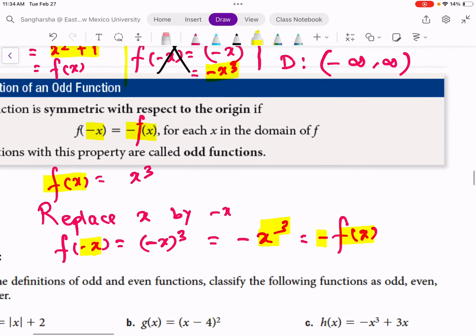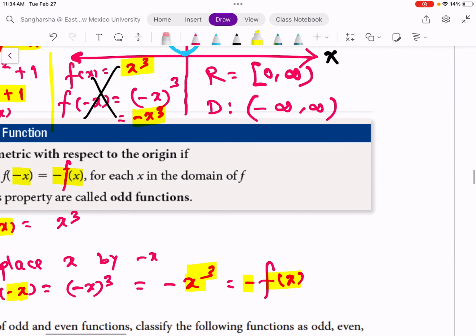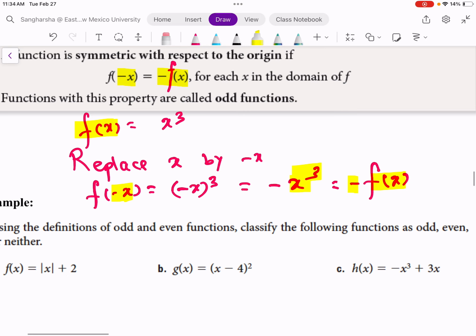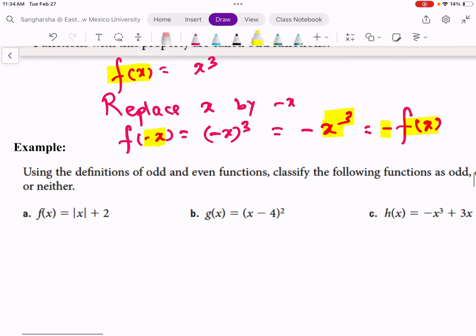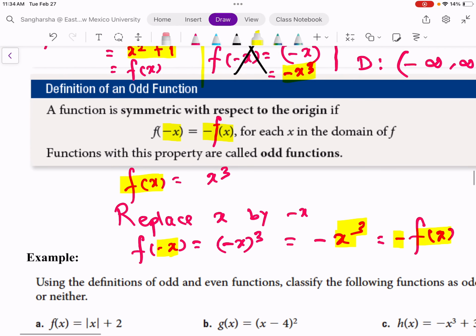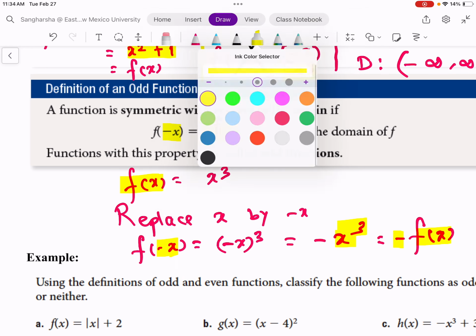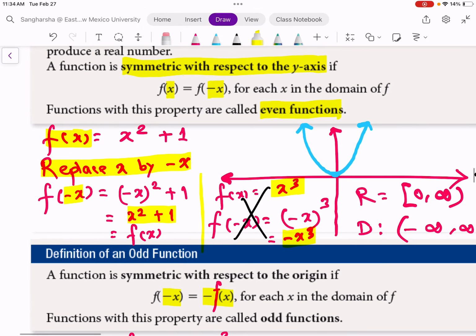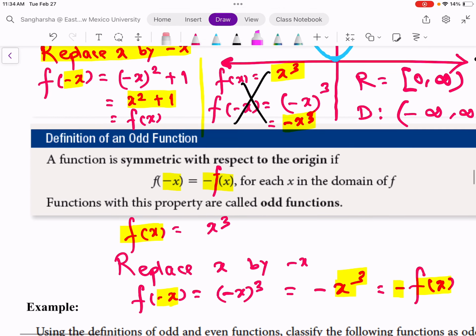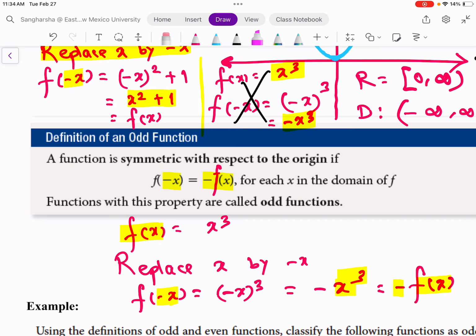Now we do have a different way to check whether it's symmetric with respect to the origin, or odd. If your graph is symmetric to the y-axis, it is an even function. If your graph is symmetric with respect to the origin, then your graph is an odd function. And we use the same method.